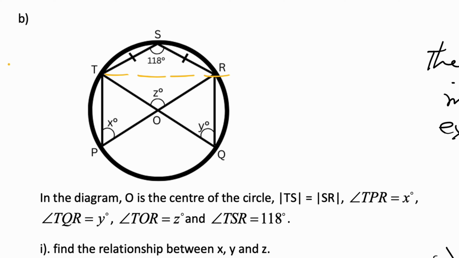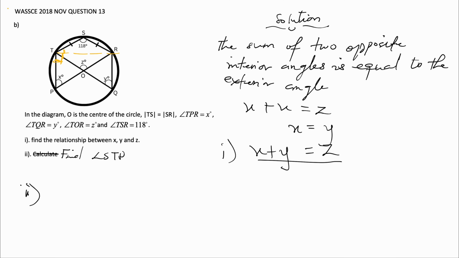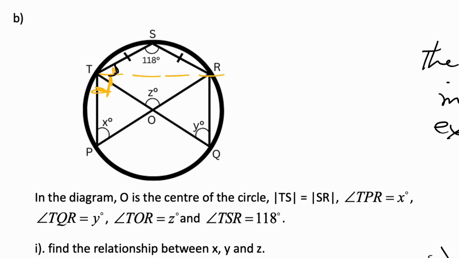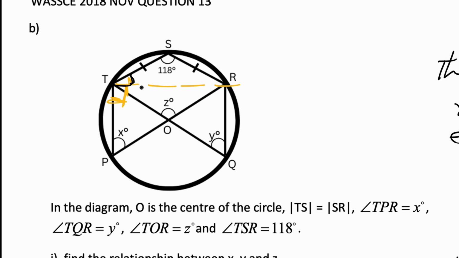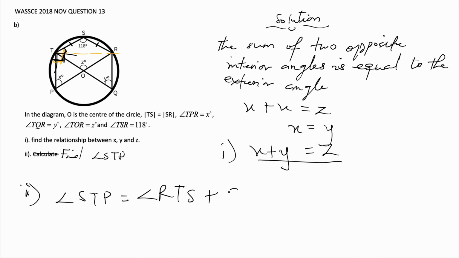Now the angle between two chords is 90. So this angle here will be 90. So we need this angle to find the angle STP. So we can say that angle STP is equal to this angle, which is angle RTS, plus this angle, which is 90 degrees. So plus 90 degrees.